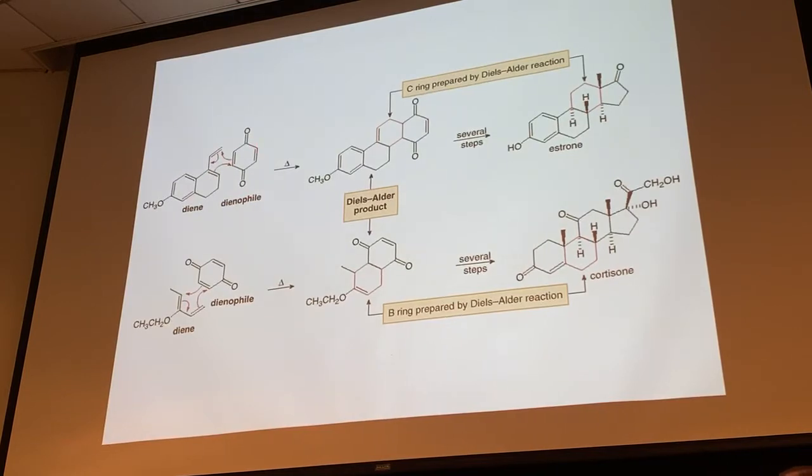Notice that our dienophile is electron deficient because it has these 2 ketones functioning as withdrawing groups. And then that same dienophile is used here with an electron-rich diene, 2 electron-donating groups, generating, in this case, what becomes the B ring of cortisone. So Diels-Alder reactions are used frequently to synthesize steroids.